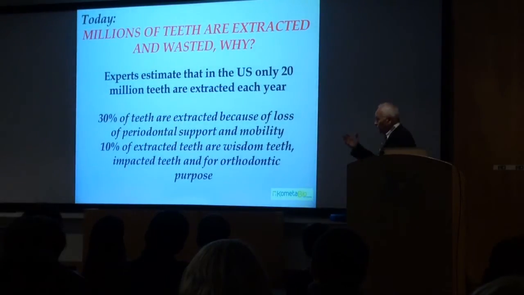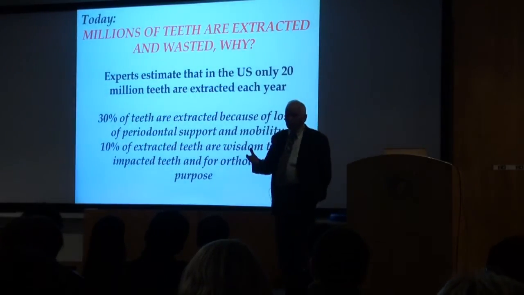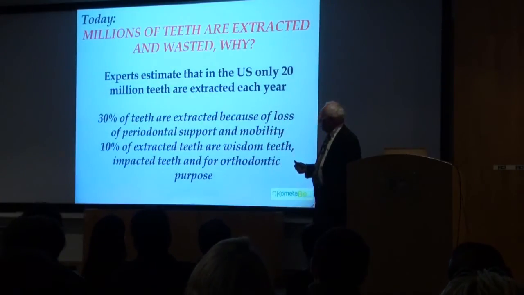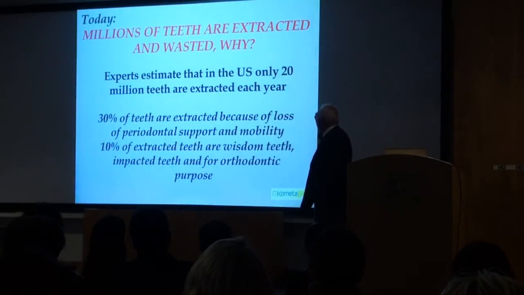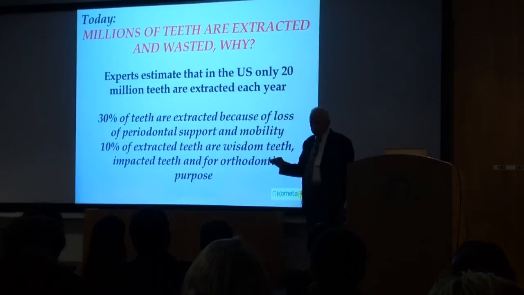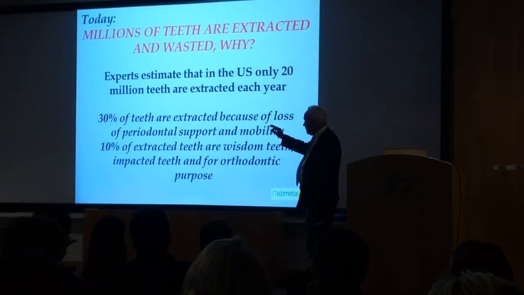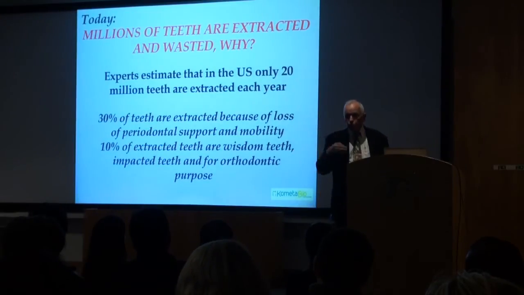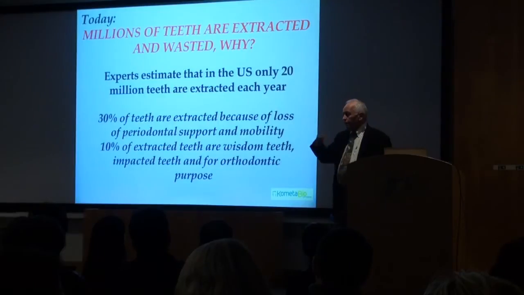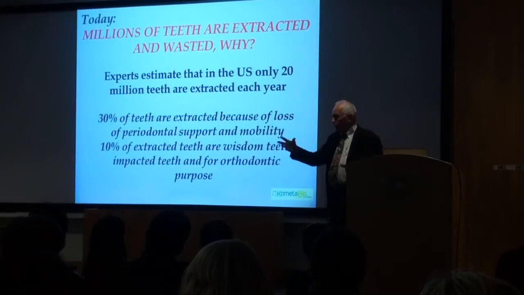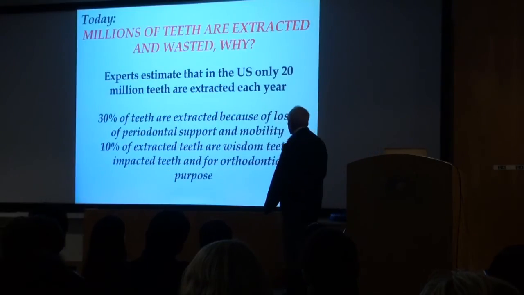So how do we treat extracted teeth today? Today, millions of teeth are extracted and wasted. Experts estimate that in the US alone, 20 million teeth are extracted each year. 30% of them are extracted because of loss of periodontal support, which means that most of those teeth are not root canal treated, but they are mobile and you have to extract them, sometimes 5, 6, 10 at once.